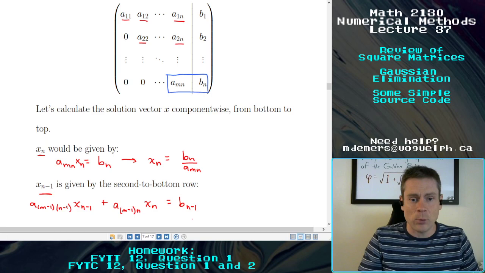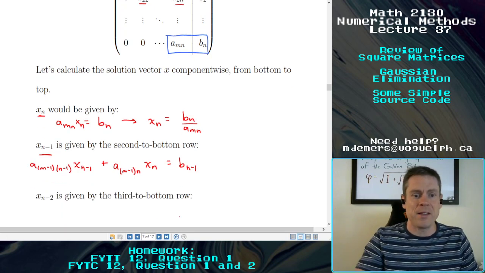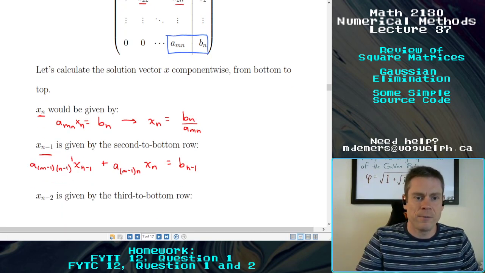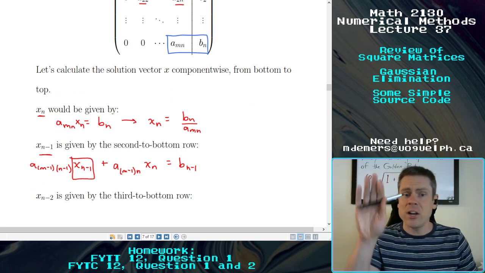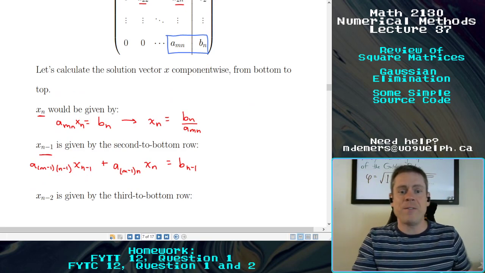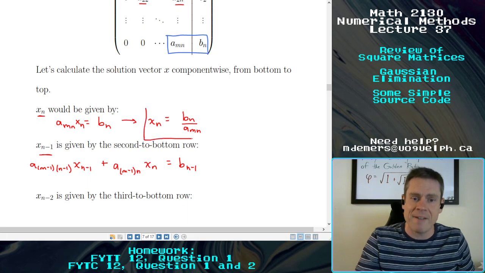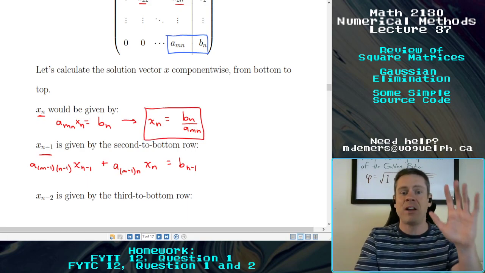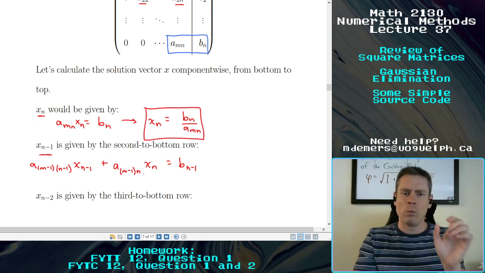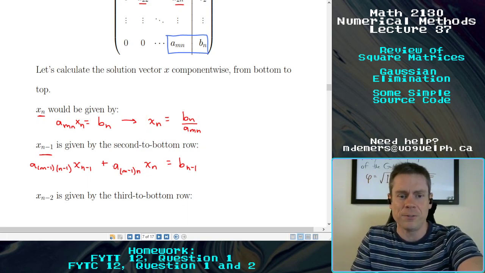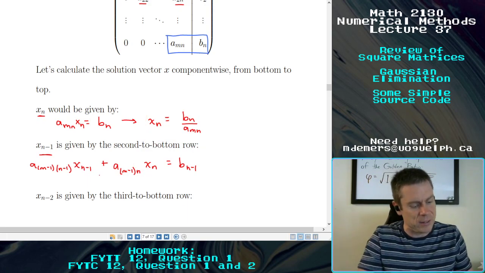Okay, so that's what we have, and our job is to solve for this one. We already know what xn is, right? If we've already solved for xn, we will have that value in our code already. So we're trying to figure out what we need to do here. Let's solve for xn minus 1 and see what that looks like.